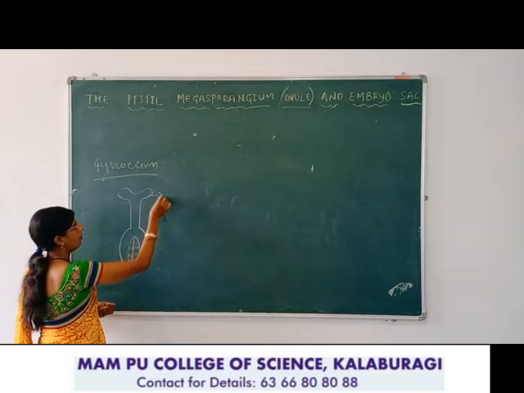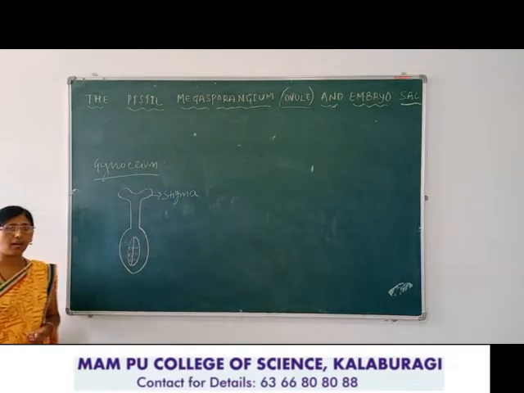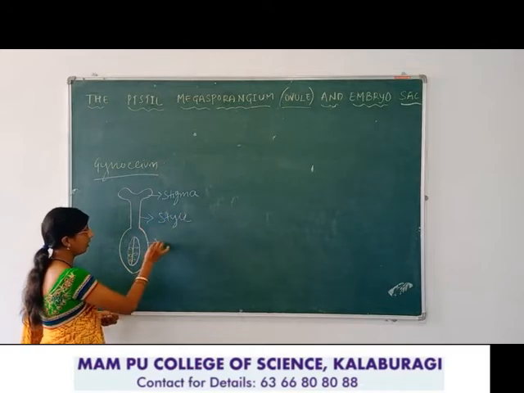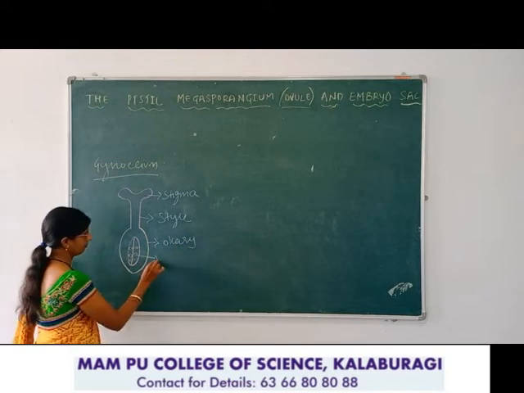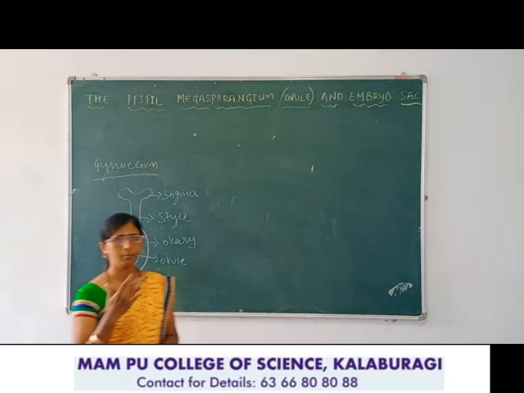The first part is called the stigma, and this is the style, ovary and ovule. Let us study one by one.